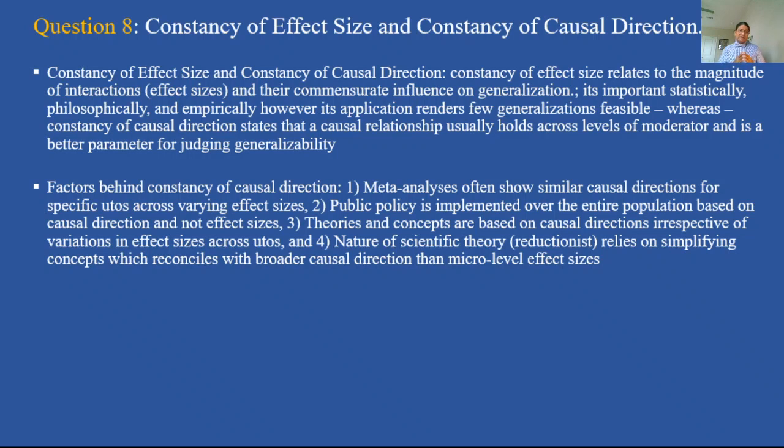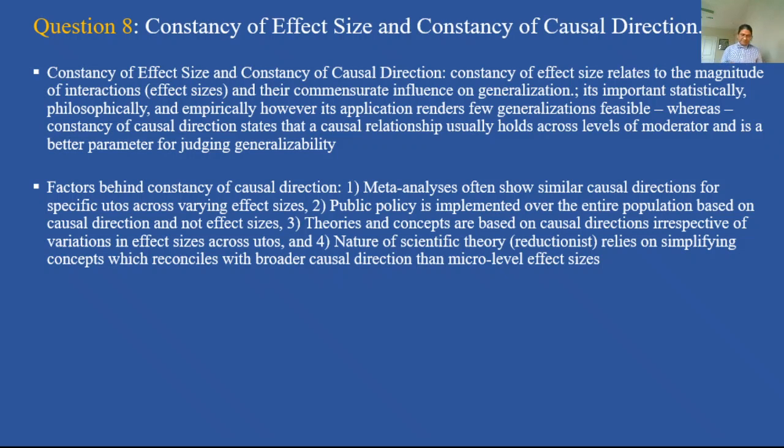If there is repeated evidence of a causal relationship, no matter what the magnitude, then it is sufficient and feasible for implementation of public policy. The third factor the book talks about is that many theories and concepts that we use in day to day science are based on such causal relationships, not effect sizes.